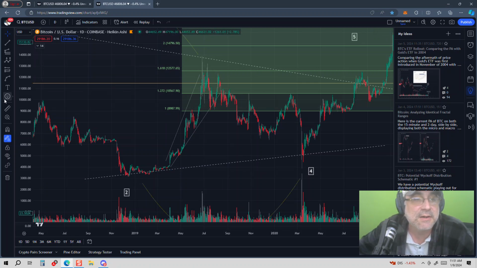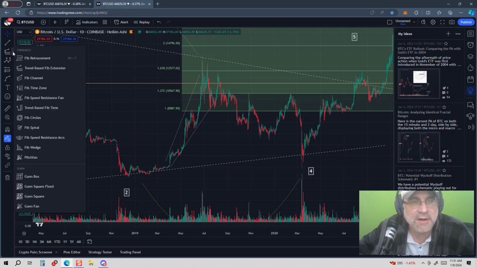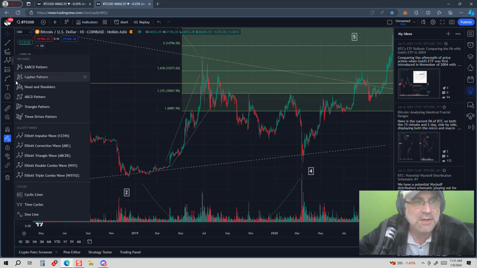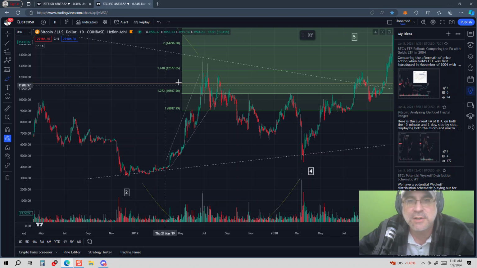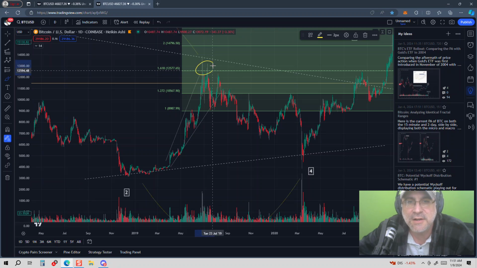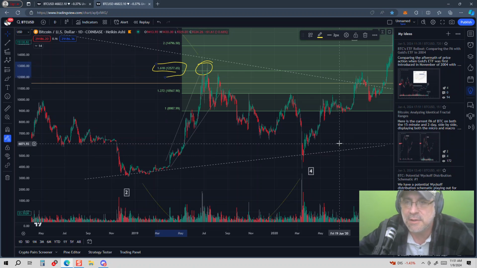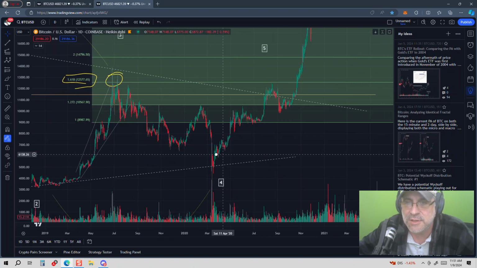This area here is the general area of where you're going to see the price action arrive at. Yeah, this area here, the 0.618, which is incidentally the golden fib ratio of the universe.